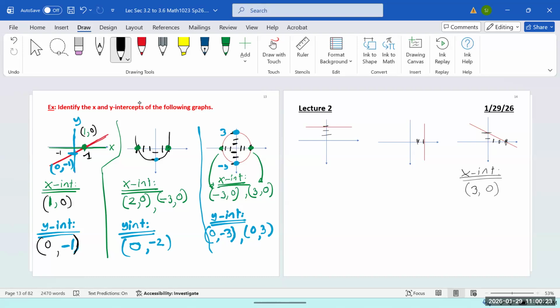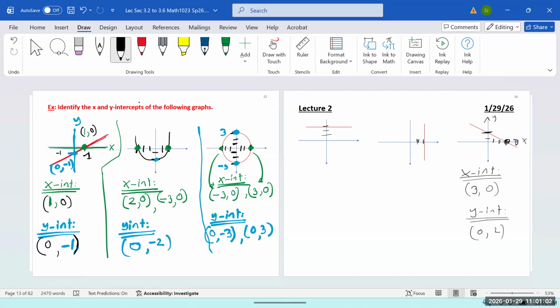The x-intercept has y equals 0 always. And then the y-intercept: 0, 2. So the y-intercept is where you're crossing the y-axis, and the x-intercept is where you're crossing the x-axis. So you're crossing the x-axis through x value 3, so we have 3, 0. And then you're crossing the y-axis through y value 2, so y is 2 and x is 0. Every intercept has the other variable 0. So the x-intercept has y equals 0, and the y-intercept has x equals 0.